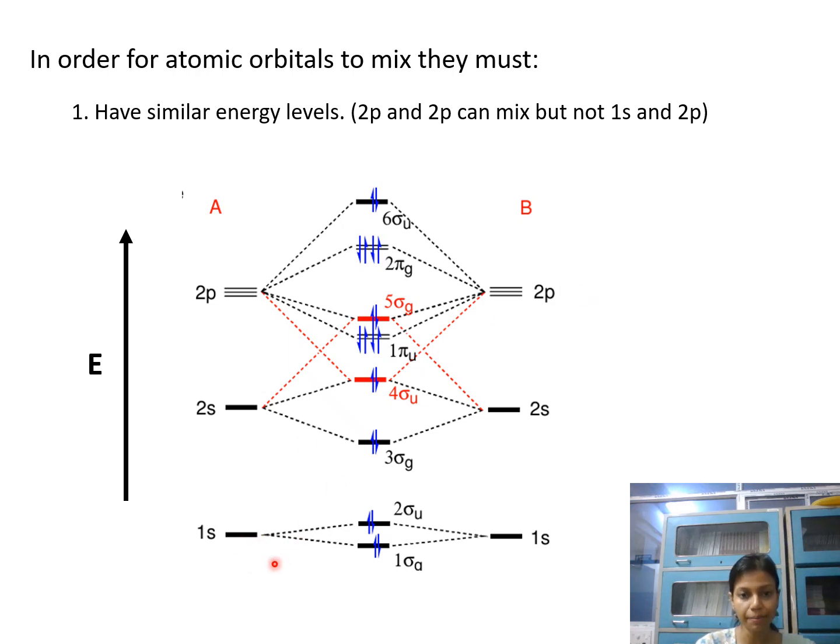They cannot overlap and make a molecular orbital. 2p can overlap with 2p, and 2s with 2s, like this. So the combining atomic orbitals should have similar or the same energy levels. This is a very important point.